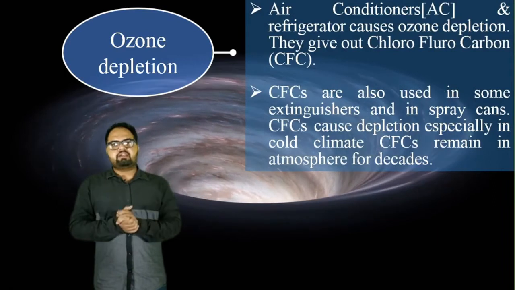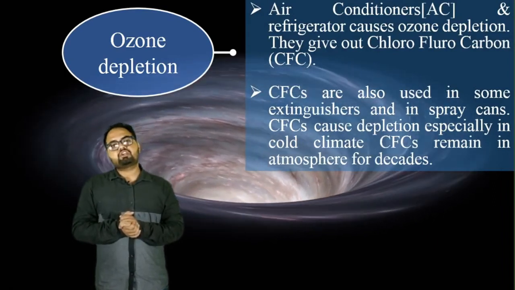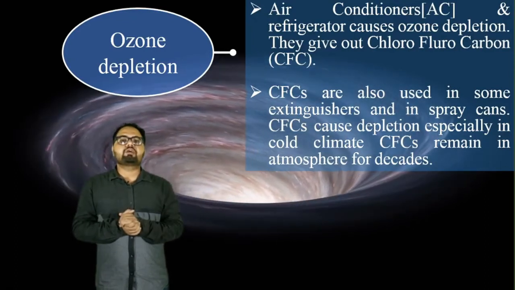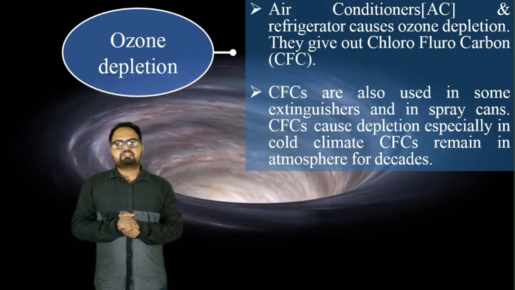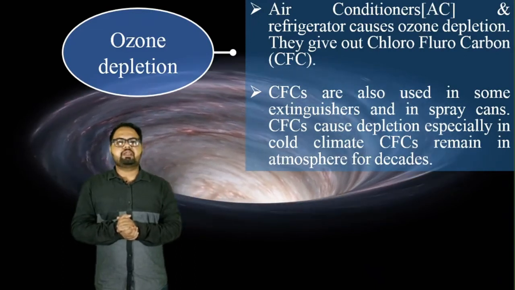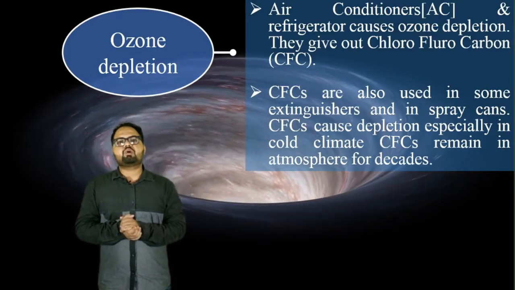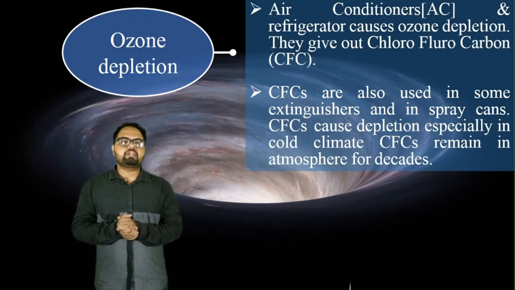Okay, as we know, air conditioners and refrigerators cause ozone depletion because the mostly used refrigerants are from the group of CFC, chlorofluorocarbon. CFCs are also used in some extinguishers and in spray cans. CFCs cause the depletion, especially in cold climate. CFCs remain in the atmosphere for decades.